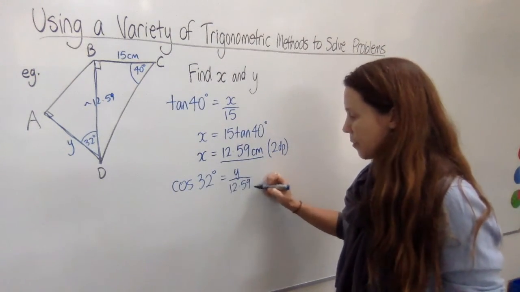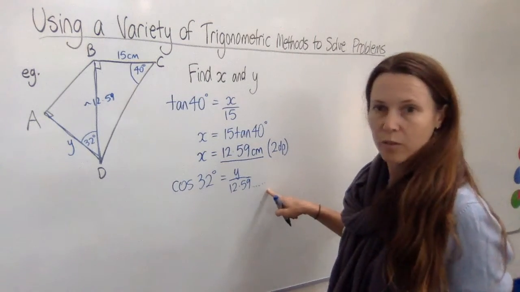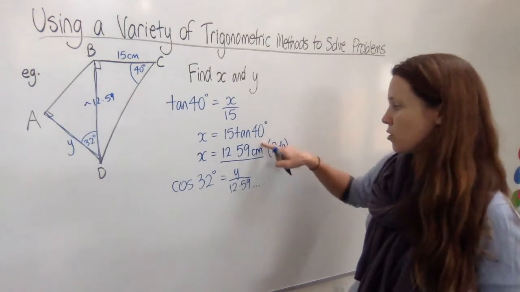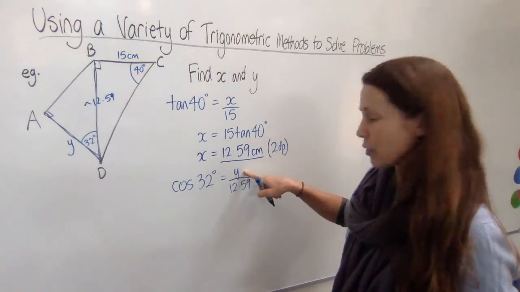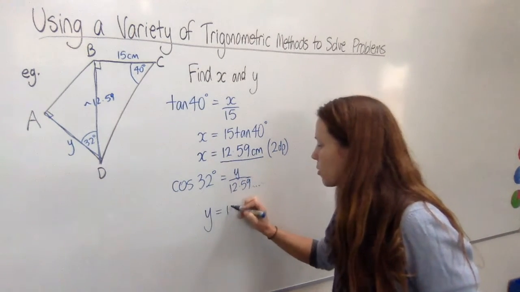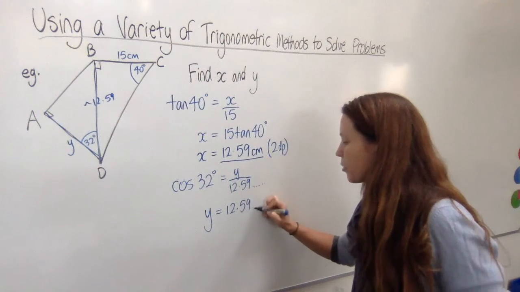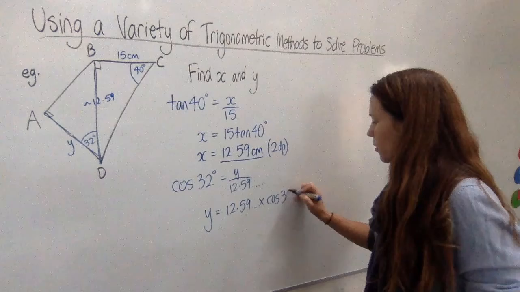Now here, I'm going to put 12.59 with dots to remind me not to use 12.59, but to use my stored value. Now to get y by itself, we need to multiply both sides by that 12.59. So y equals 12.59, and you can put your dots there, times cos 32.